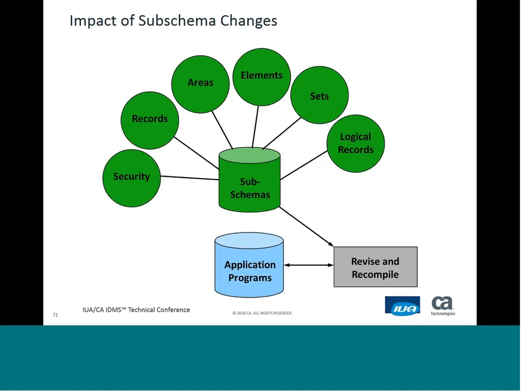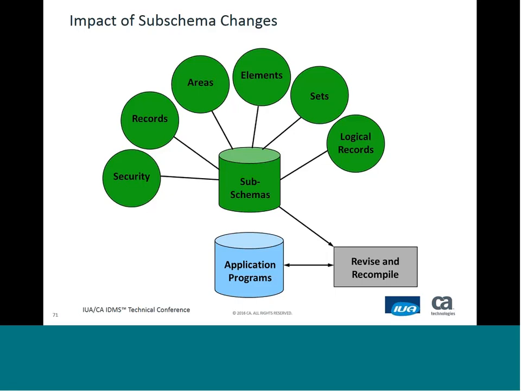So I want to mention a bit here on the impact of the subschema changes. So again, the subschema is much like the schema from the standpoint that it's going to define the records, areas, elements, and sets that a particular database is going to contain. But now it is that subset that an application program is going to be dealing with.